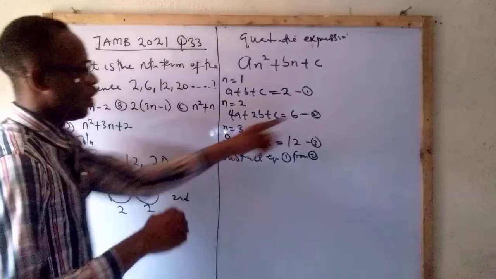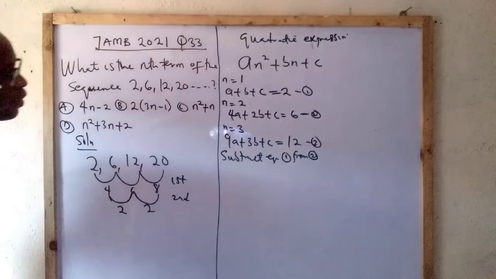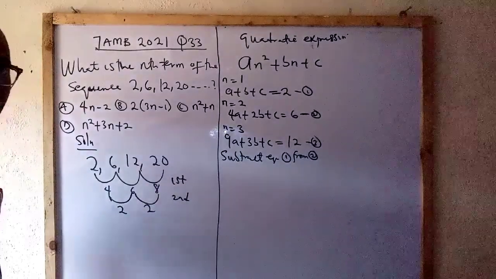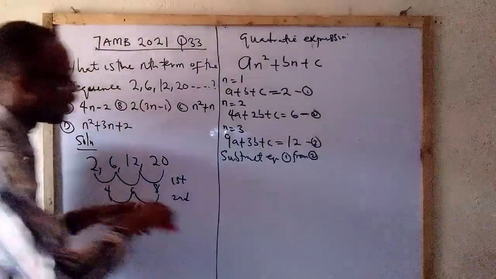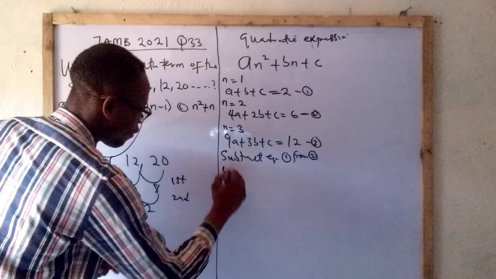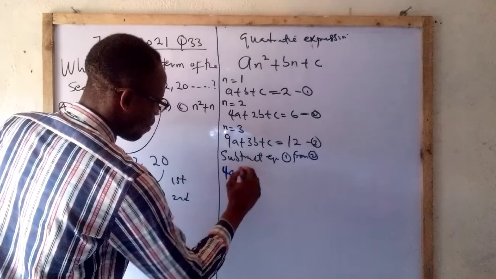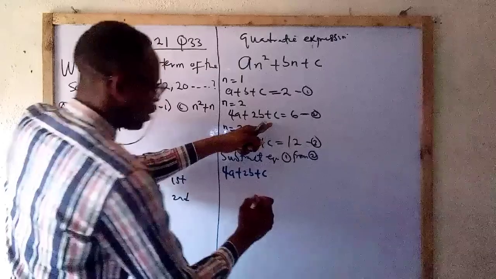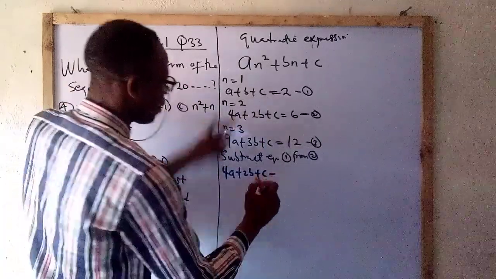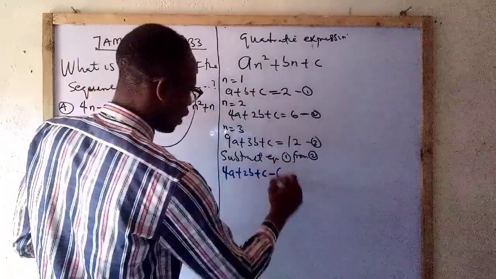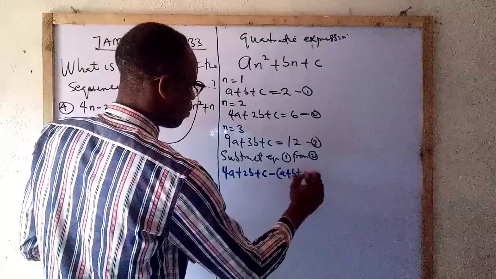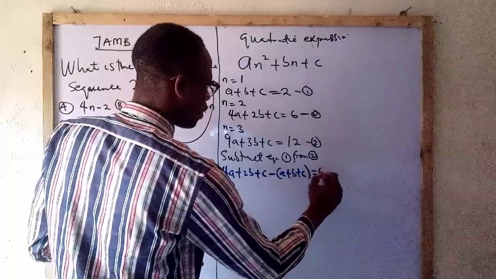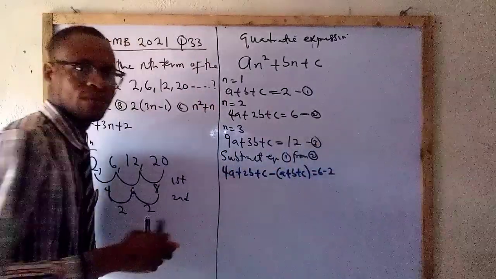Of course, equation 2 says that 4a plus 2b plus c, right? This is equation 2. Then minus, we are subtracting equation 1, that's a plus b plus c. Then it will be equal to 6 minus 2.